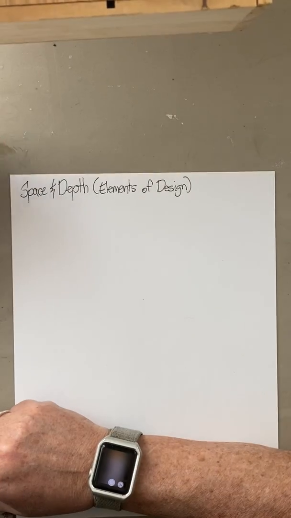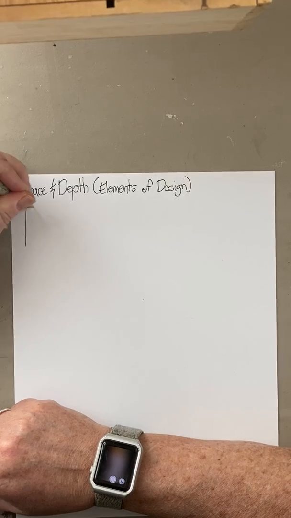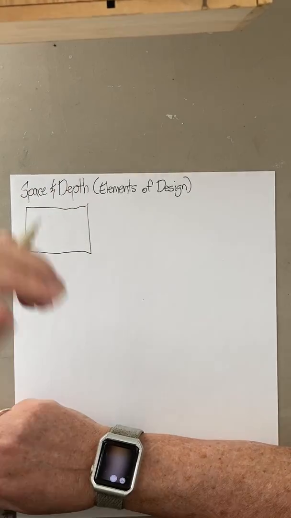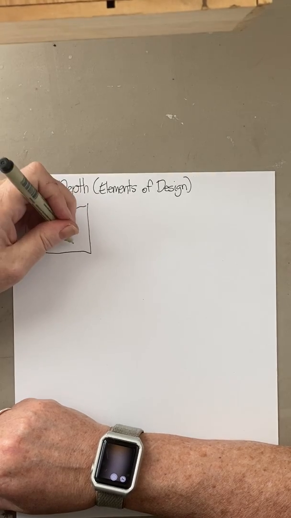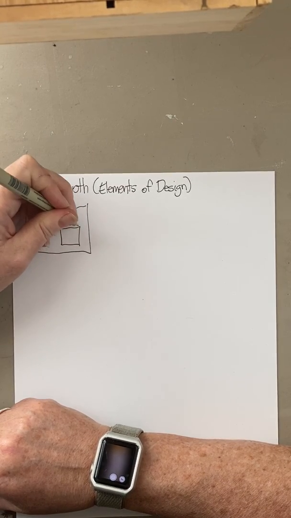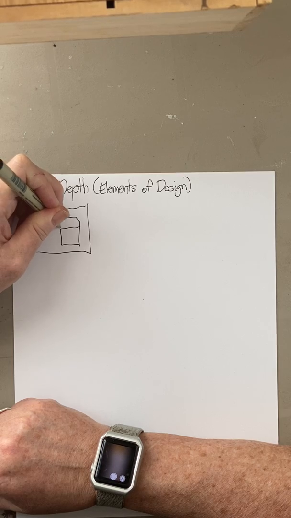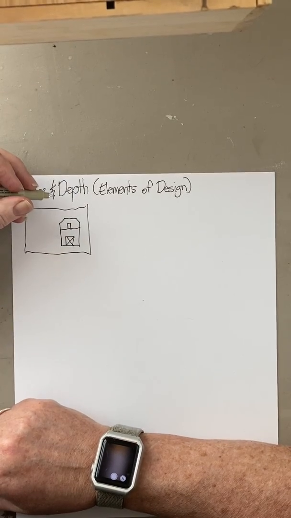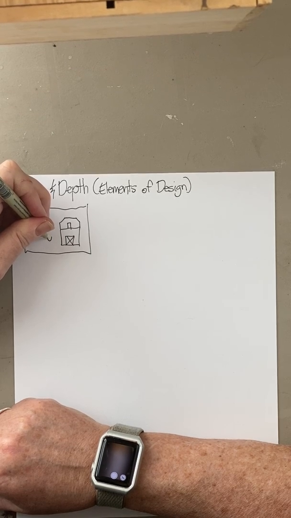Okay, so what we're talking about here is this idea, especially as little kids draw. So if I was going to draw a farm, you go like this. Here's the barn door, little hay loft. Oh, we got to have like a cow.